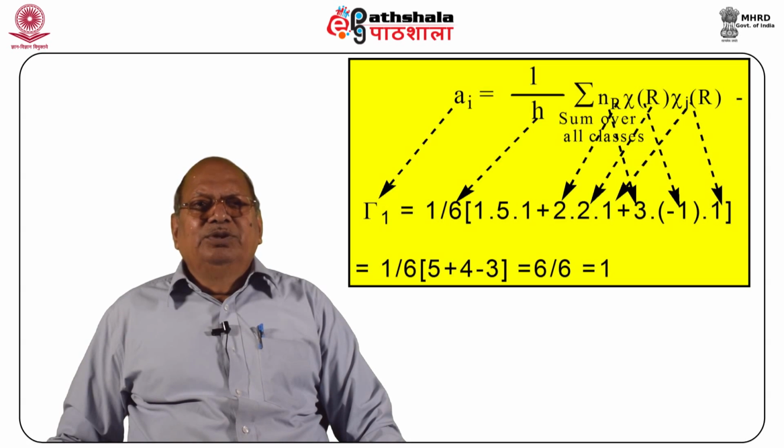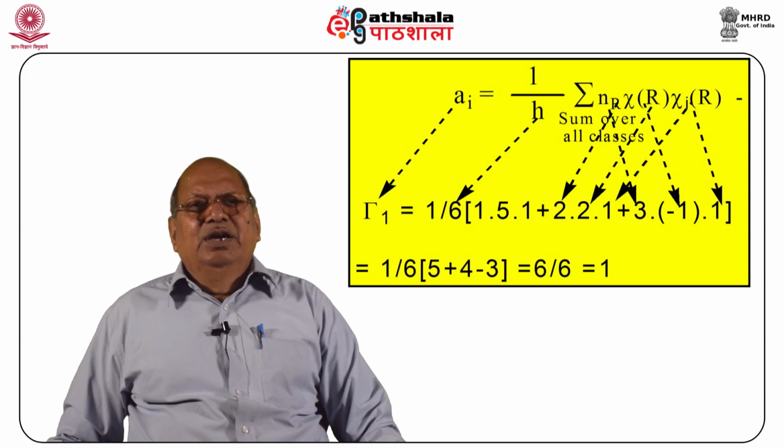That is, we have to take 1 by 6, within bracket, the number of operations in the class into the character for the reducible representation for operation R, and then the character of the ith irreducible representation for that operation.